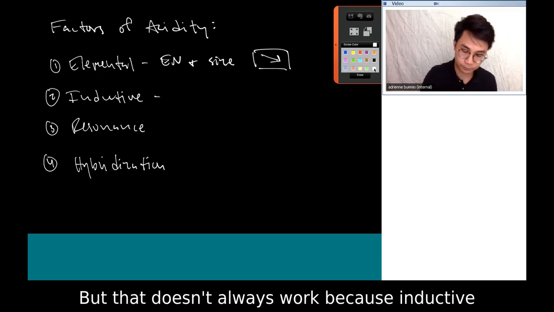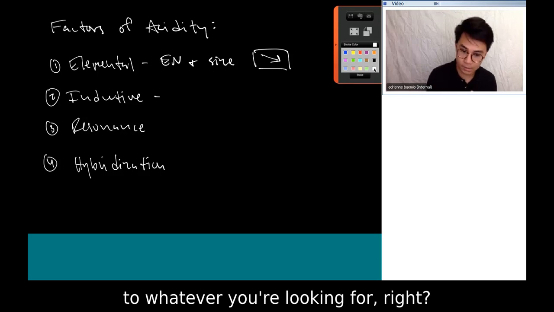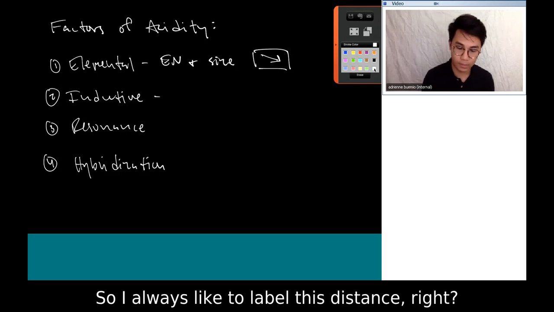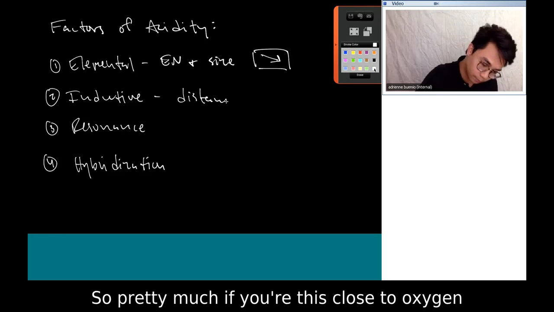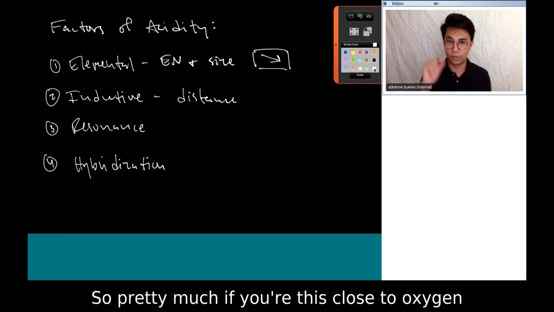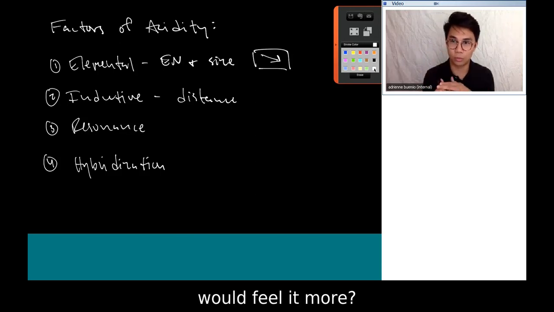But that doesn't always work, because inductive is all about how close that electronegative atom is to whatever you're looking for, right? I always like to label this distance. If you're this close to oxygen versus this close to oxygen, which one of you would feel it more?